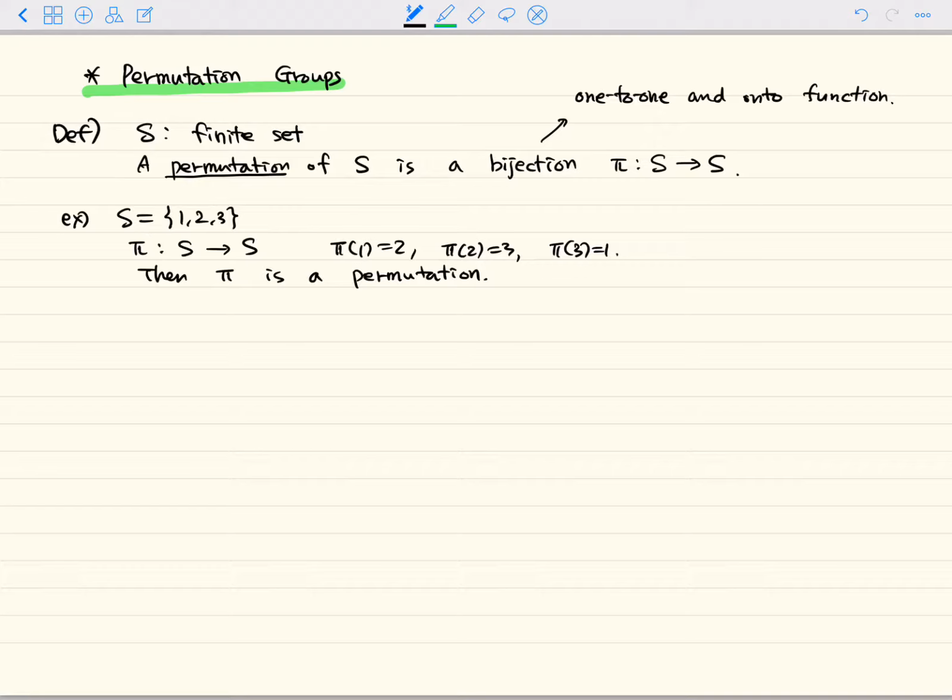Okay, there are many ways to represent a permutation, but we will consider two-line notation.